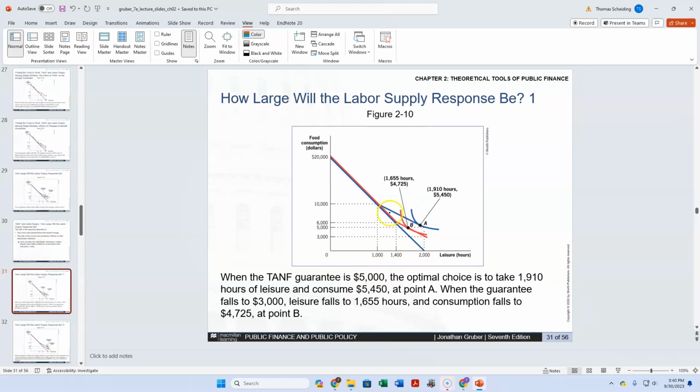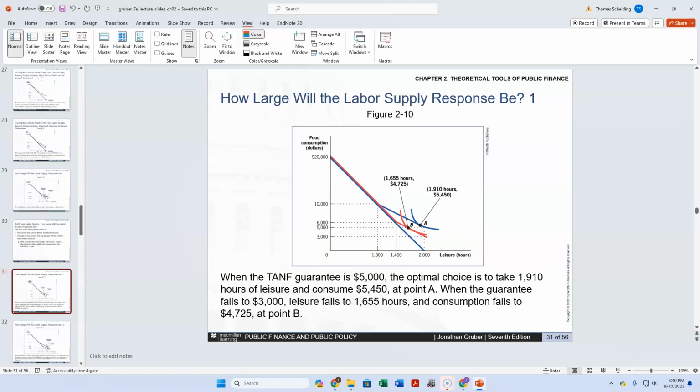Because that was our first point here. So our optimal point here is one where we have 1,910 hours of leisure, and we have a total income of $5,450. So the $450 is coming from labor, and the $5,000 is coming from the government.